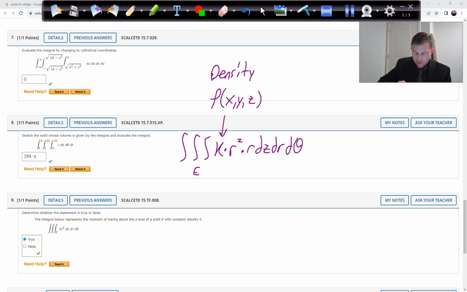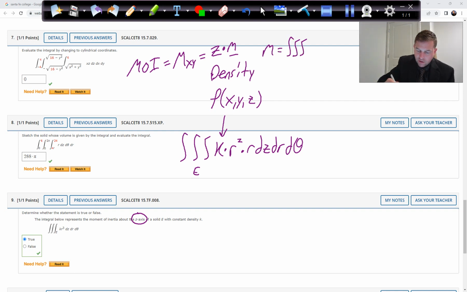Okay, and moment of inertia about the z-axis would be, in the z direction would be mxy, which is z times the mass function. But the mass function is the triple integral of the density function across that volume. So the triple integral of this k, which we're calling the density function, would be the mass.